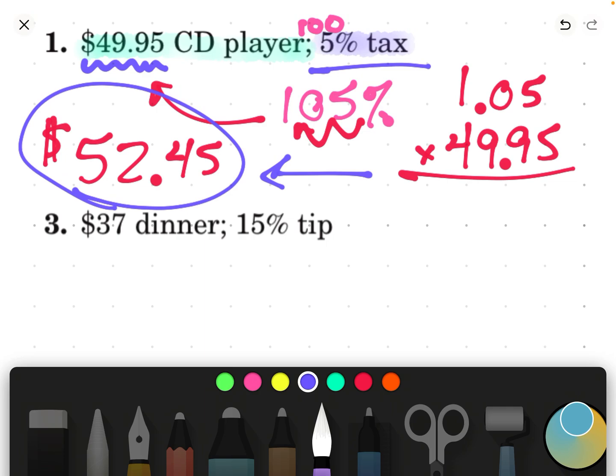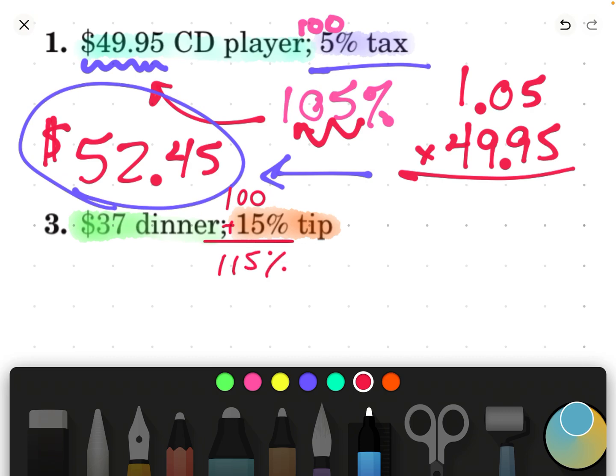All right. Let's look at the next problem here. We have a nice little dinner, $37 dinner with a 15% tip on top. So same idea, guys. 100 plus the 15, because that's an additional fee, is 115%. So what we got to do is figure out what is 115% of $37, if we want to know what's the total amount of money that's going to come out of our pocket. So of means multiply, percent to a decimal.